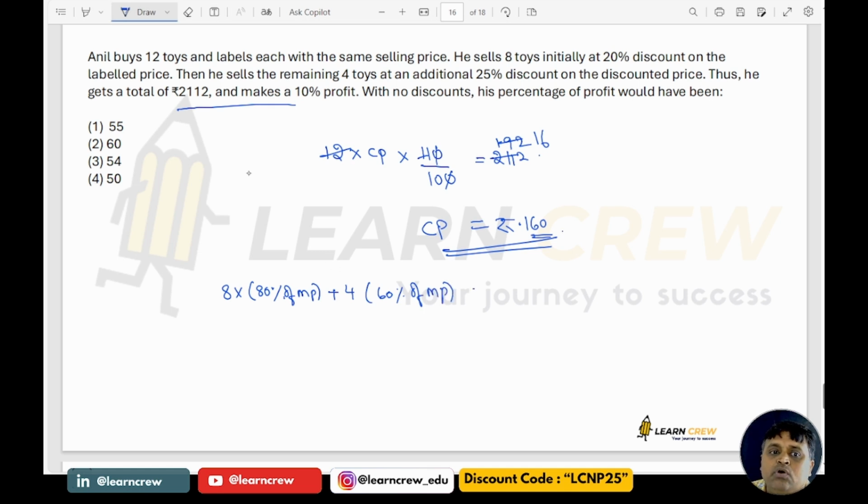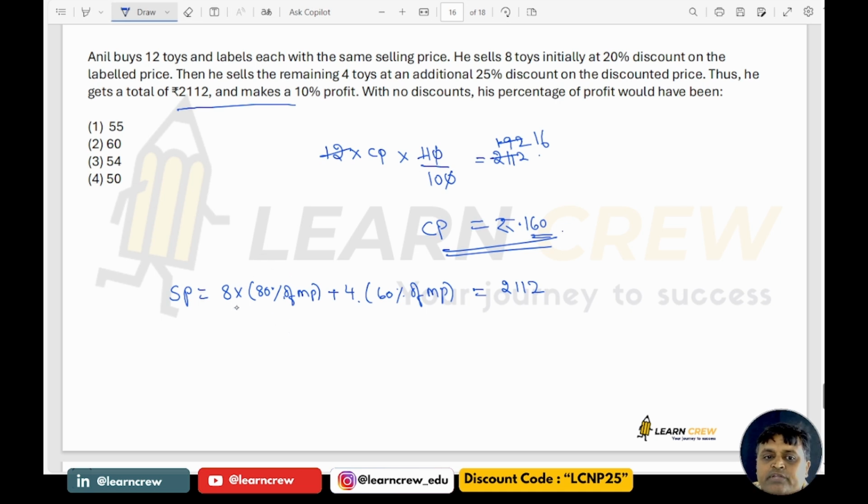So when he is selling like this, it is equal to 2112. He is selling overall for 2112: 8 of them at 20% discount, and the remaining 4 at an additional 25% discount on this market price.